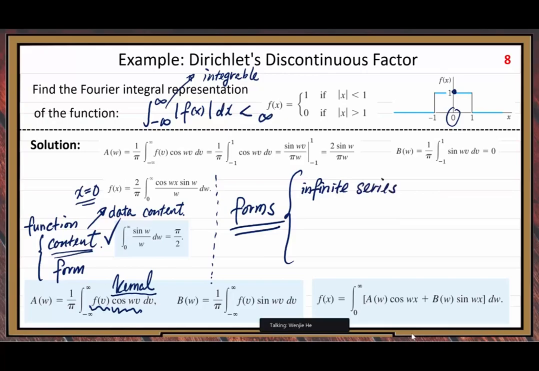People represent a given function in the form of an infinite series. For infinite series, we have learned the Fourier series. We can write a function as a Fourier series.